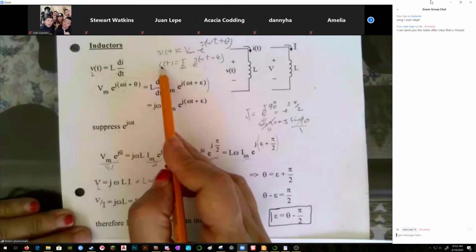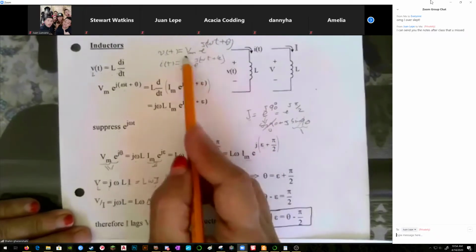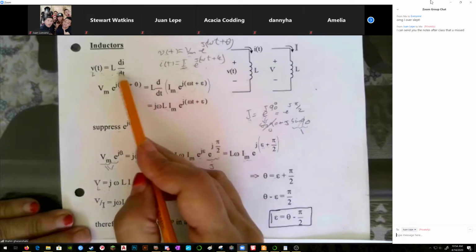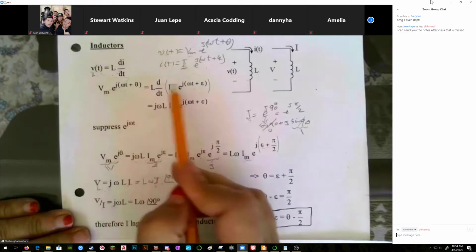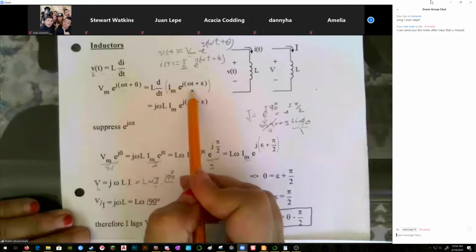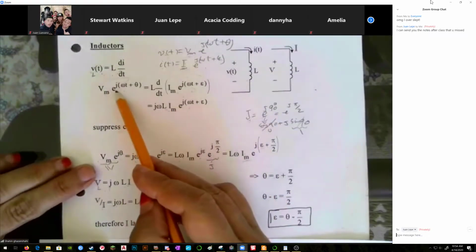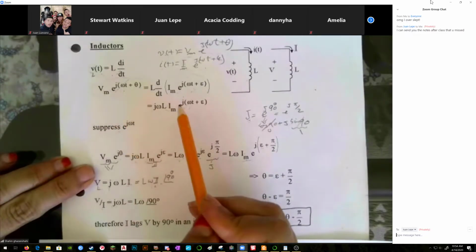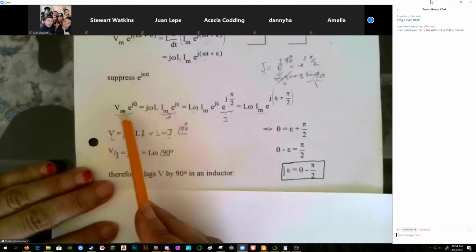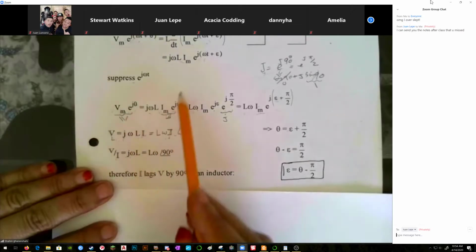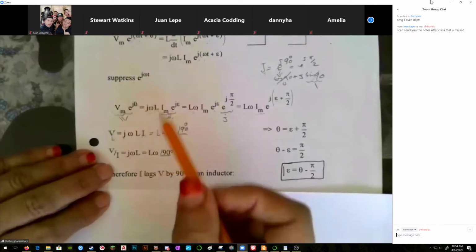So instead of voltage, we use the complex domain. You put this, and instead of current, we put this, correct? Now, for the inductor, we know voltage is the derivative of the current. So I substitute voltage and current in the complex domain. You calculate the derivatives, and you come to this equation. Then I cancel the exponential of j omega t from both sides. So you come here: the left is Vm exponential of j theta, the right is j L omega Im exponential of j phi.